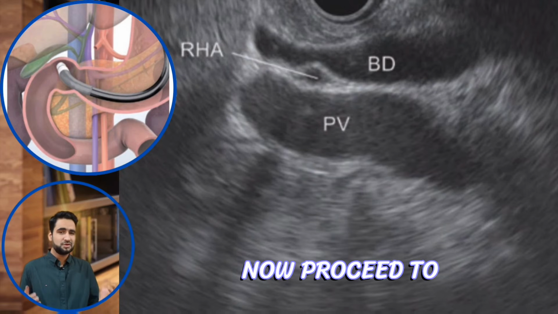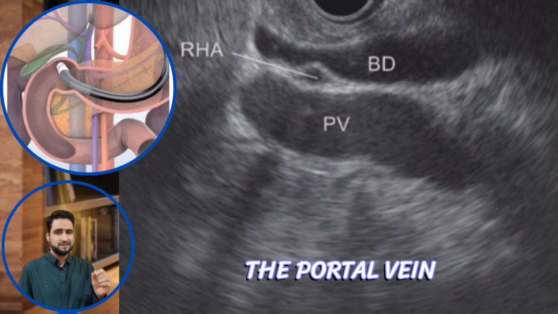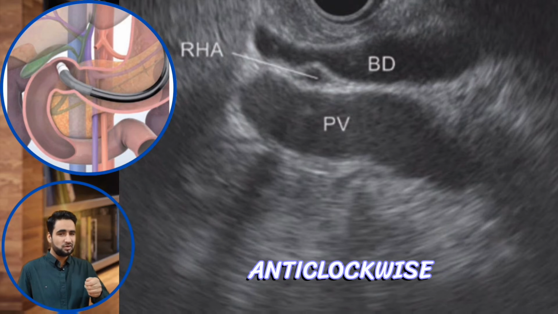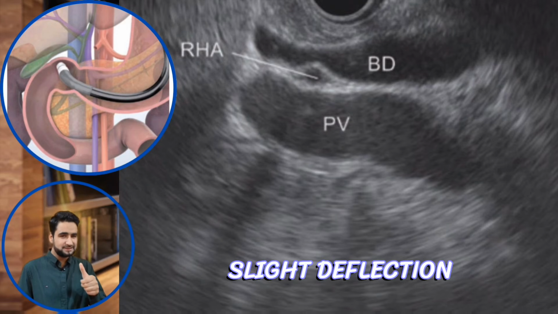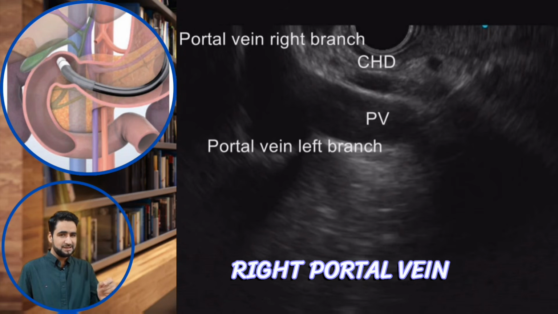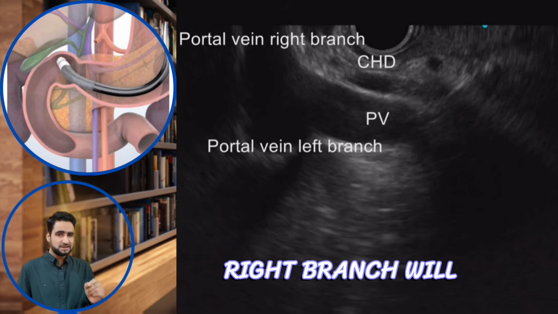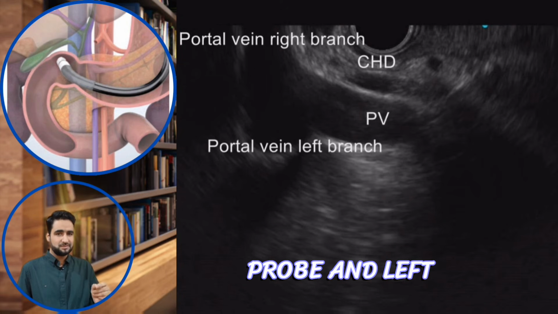Now proceed to observe the hepatic hilum while following the portal vein and bile duct by anticlockwise rotation with slight deflection. In the hilar region, you can see the main portal vein dividing into the right portal vein and left portal vein. The right branch will be closer to the probe and the left branch farther from it.